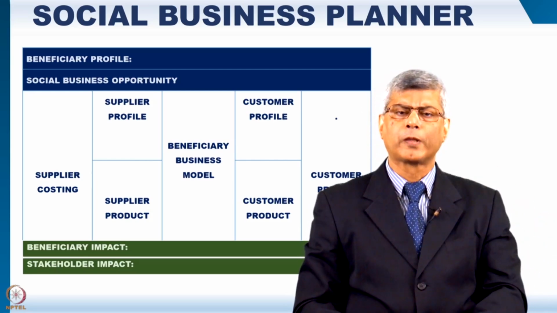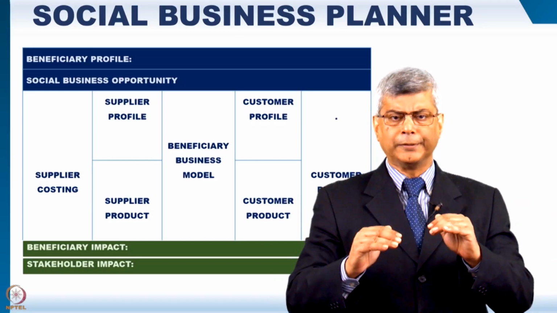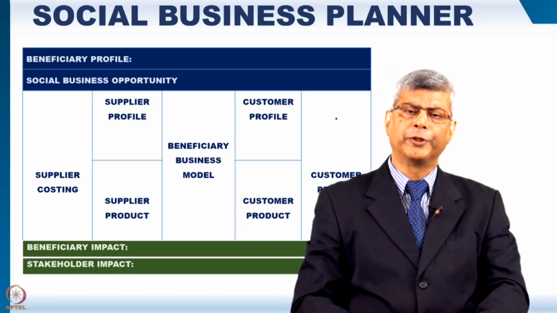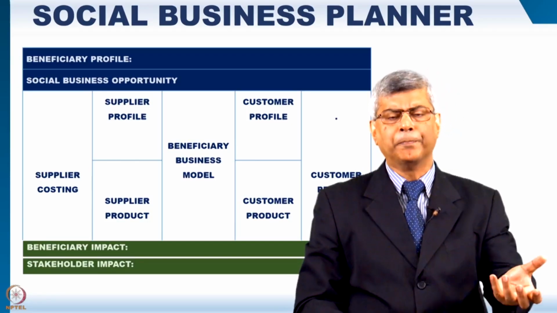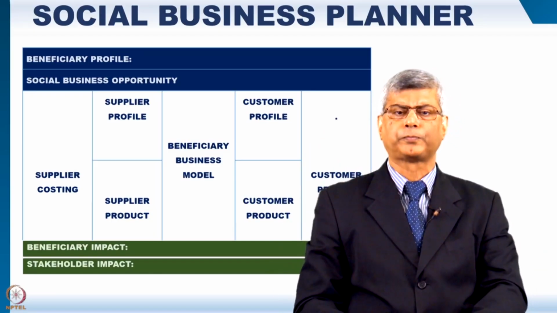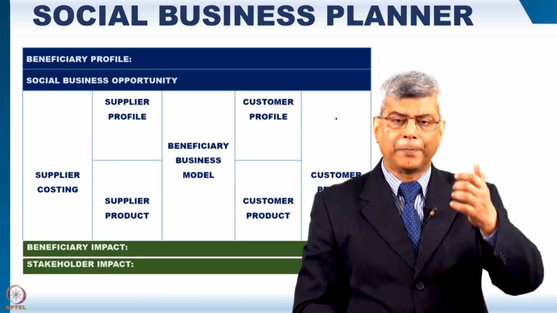And then you also have to plan what is the impact on the beneficiary and what is the impact on other stakeholders. The other stakeholders can be society at large, or it could be the planet.